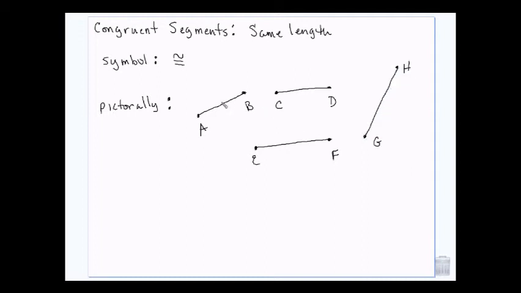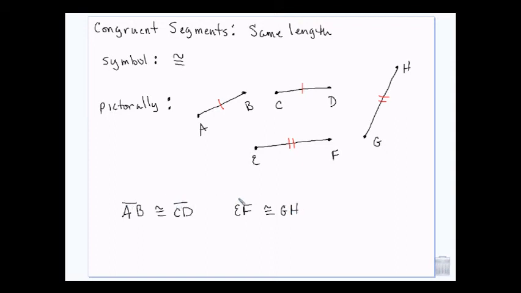So AB and CD would be congruent, and EF and GH would be congruent. So if they have the same number of lines, they're congruent. And so I would say that AB is congruent to CD, and EF is congruent to GH.